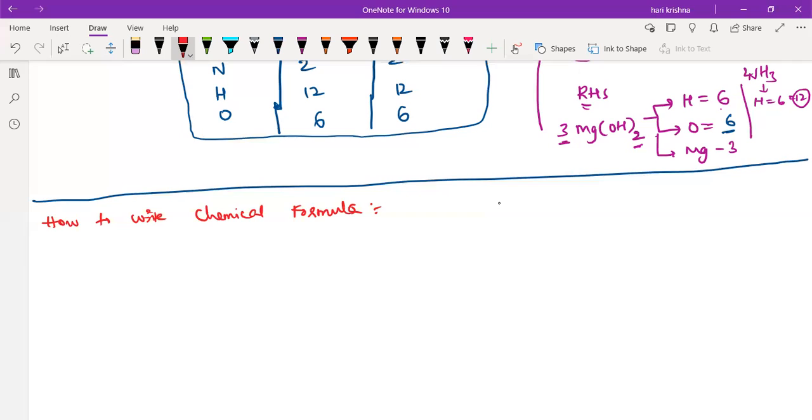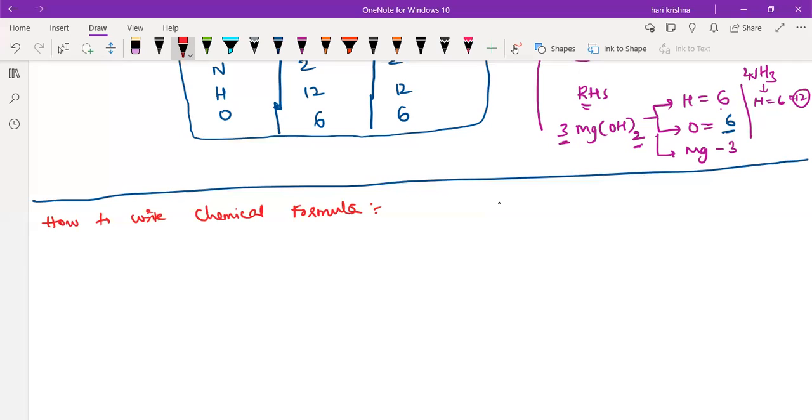So everyone knows the periodic table, right? Yes, sir. In the periodic table, how many groups are there? Metals, non-metals, and metalloids. So 13 groups are there, sir.